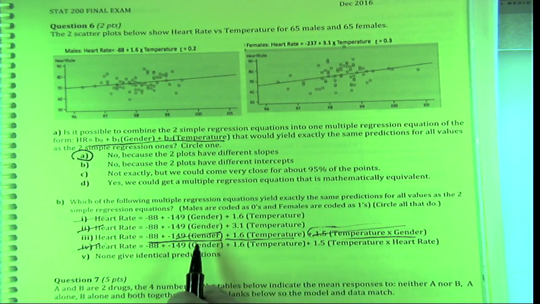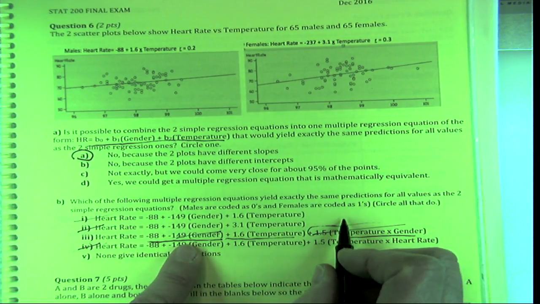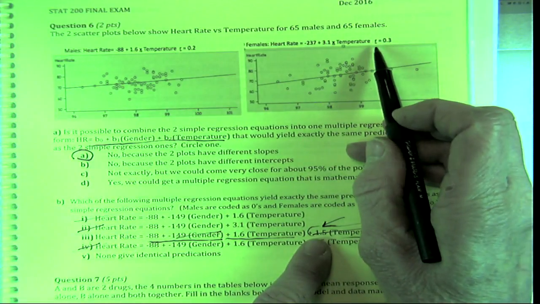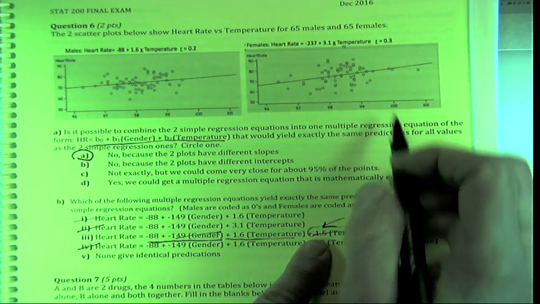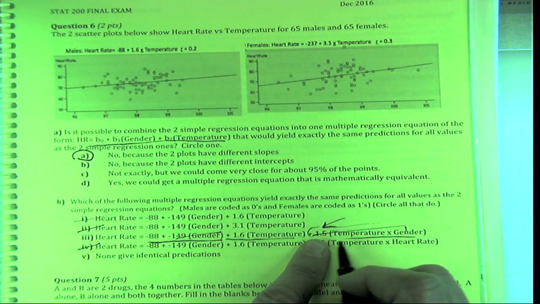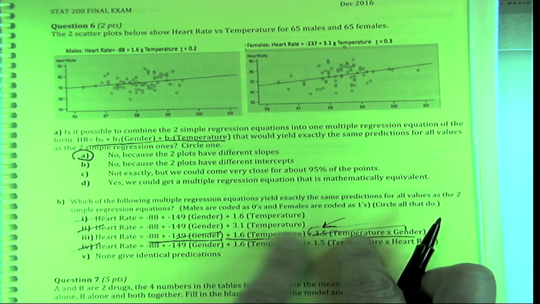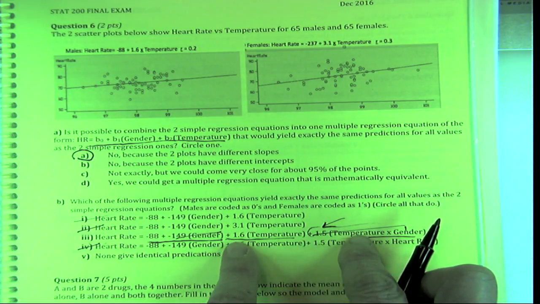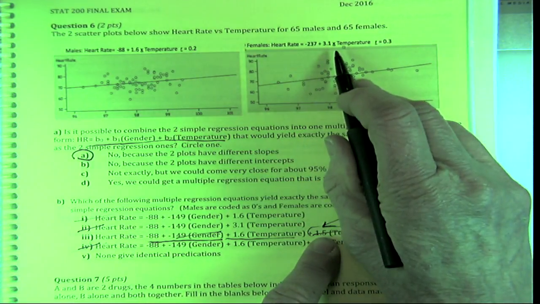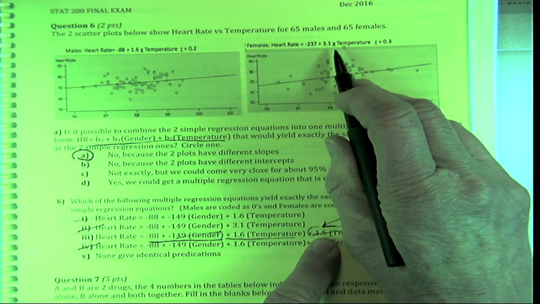What do you want to put in each one of these? Well, remember what we want to do. You look up your female equation, and it says we want in front of temperature, because this is going to be a 1 for females, so we're going to get temperature added to that temperature. So we say 1.6 plus what is going to give us our needed 3.1?